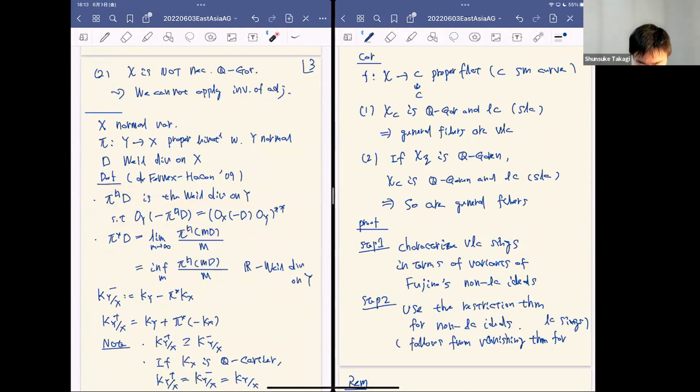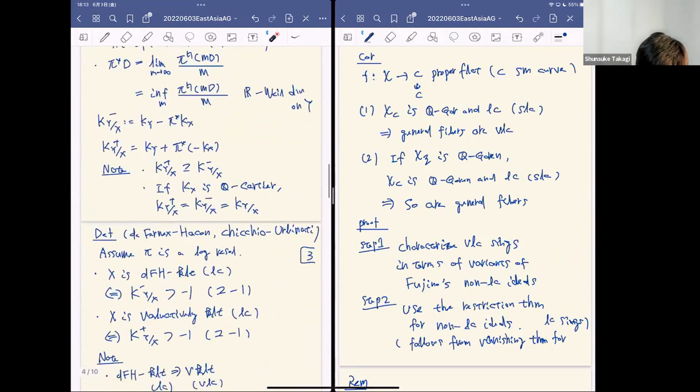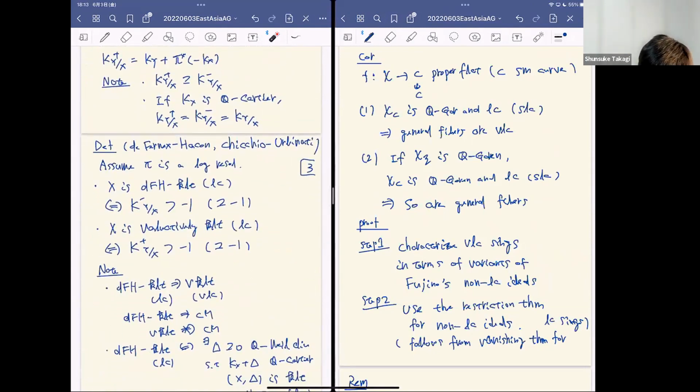And I guess this terminology is due to my student. Different Hacon and Kovács only defined this singularity, and Kovács and Urbinati defined this singularity, but they called it KLT plus singularity. But I don't like this terminology because KLT plus sounds stronger than KLT singularity, but the reality is different.